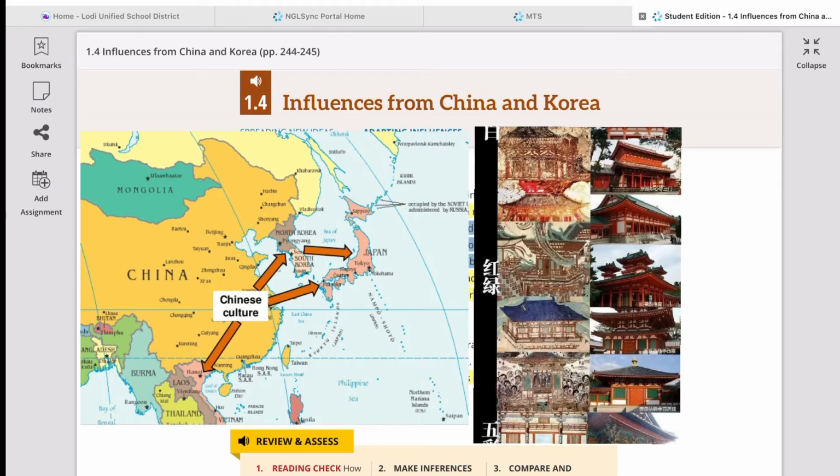Nevertheless, China's influence on Japanese culture can still be seen today, as a lot of people around the world are confused about what is Chinese and what is Japanese, unless of course you are educated and paying attention to the details between these two major Asian civilizations.